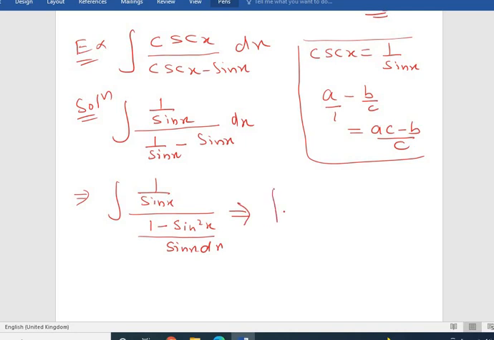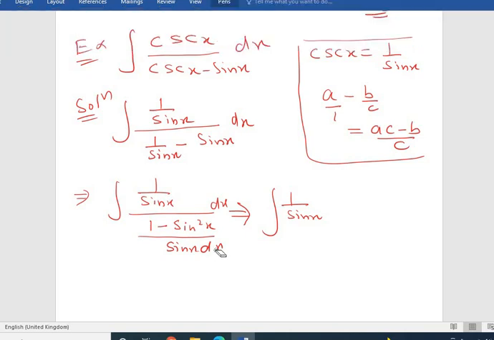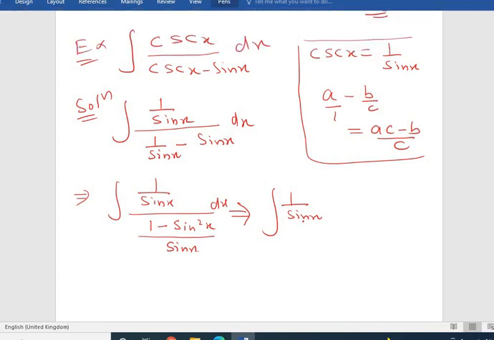So we will get 1 divided by sine x, and this sine x comes up divided by 1 minus sine square of x multiplied by dx.